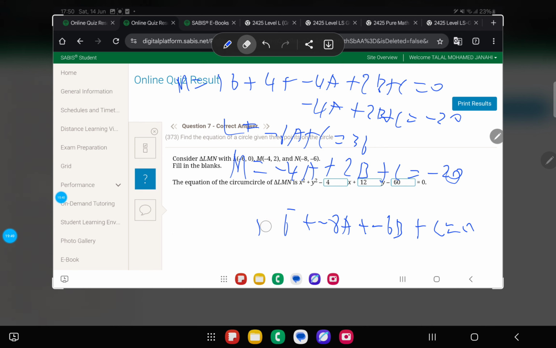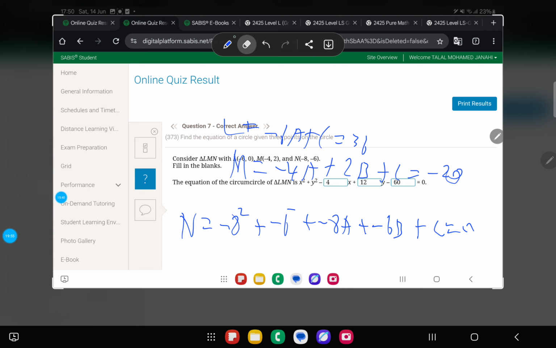Okay. Now for N. We've got negative 8 squared, which is 64, plus negative 6 squared, which is 36, plus negative 8a plus negative 6b plus c equals 0. 64 plus 36 is 100.